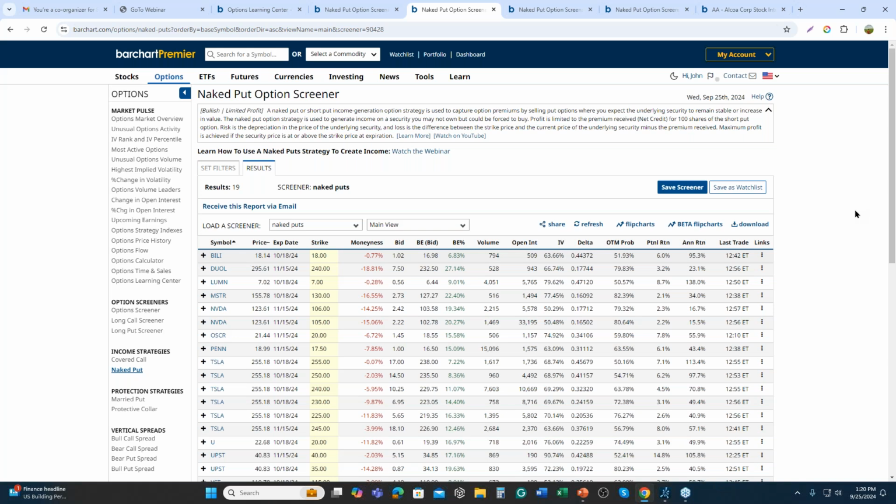Now, the naked put strategy assumes that we're trading on margin, where, depending on your broker, every broker will have different margin rules, we'll only have to put up a portion of the collateral of a cash secured put. In general, again, don't hold me to this, it's usually about 20% of the equity price plus the premium collected. But with IRAs, SEPs, any kind of a retirement fund, you have to trade secured puts.